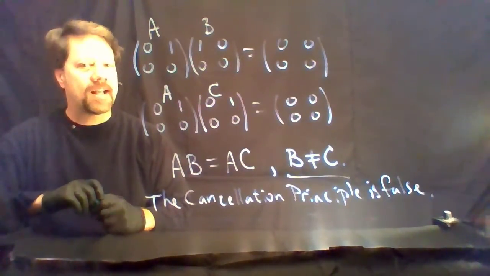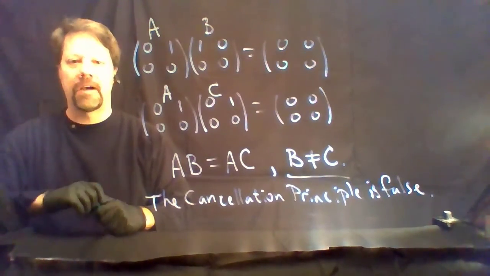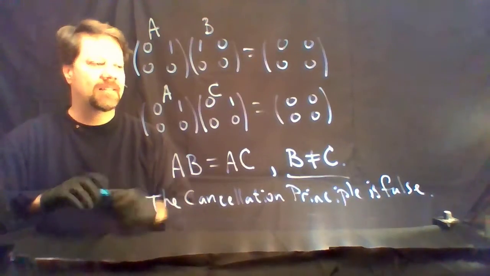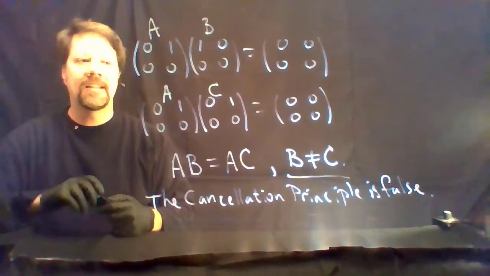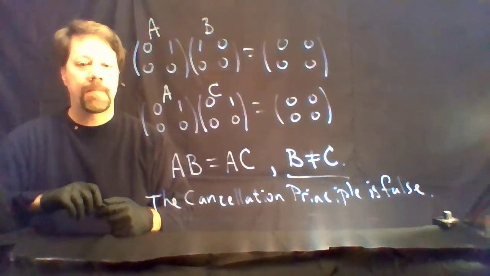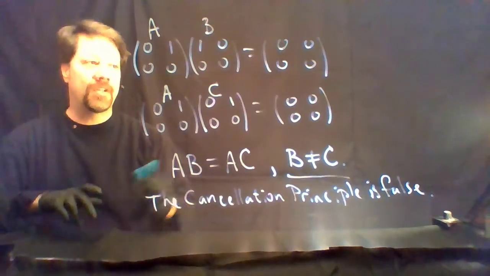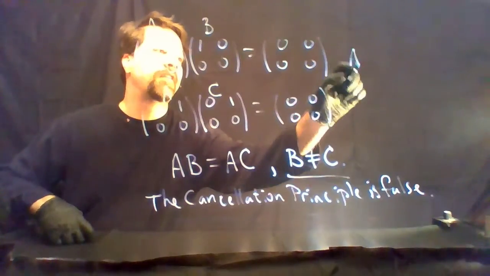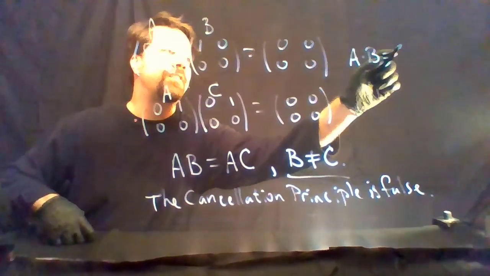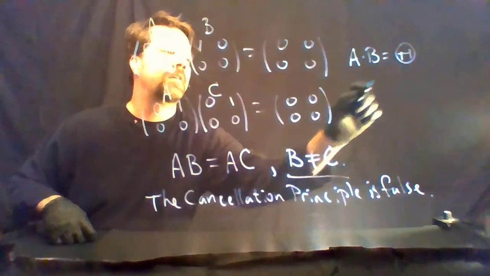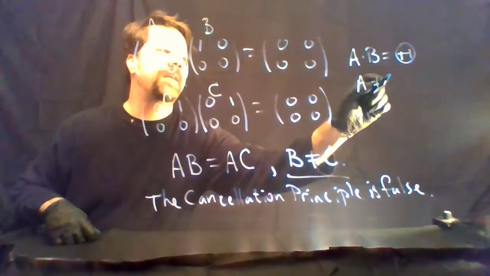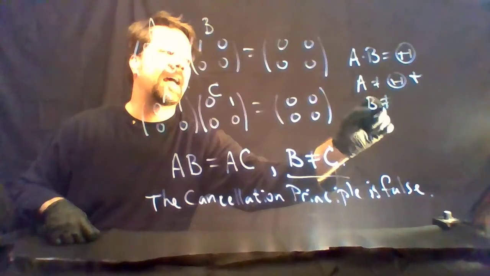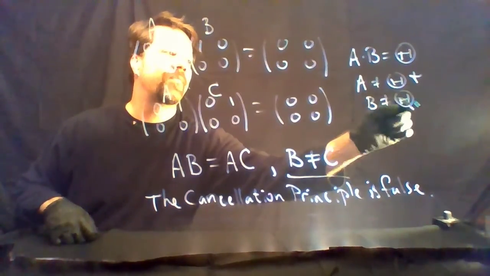Matrices do not satisfy the usual rules of arithmetic. Matrix multiplication is not commutative. The cancellation principle is false. And there's one other thing you can note from what is already on the board. Here we have A times B is a zero matrix, but A is not the zero matrix, and B is not the zero matrix.